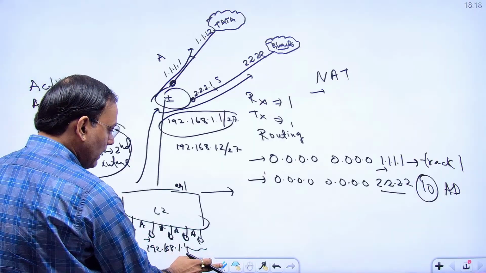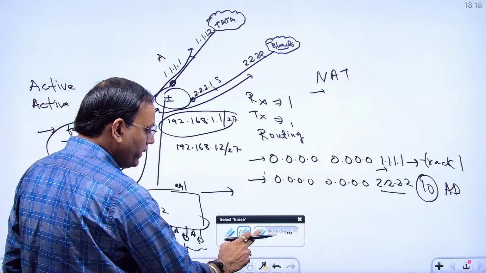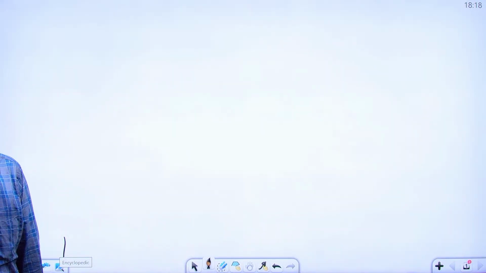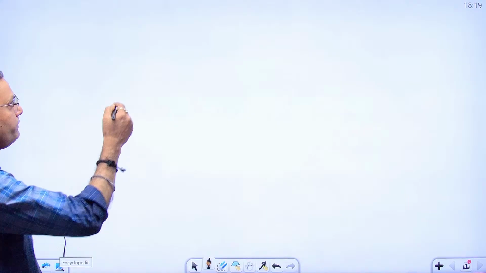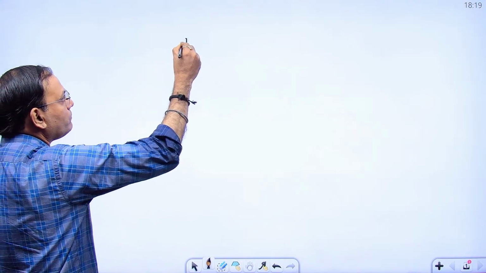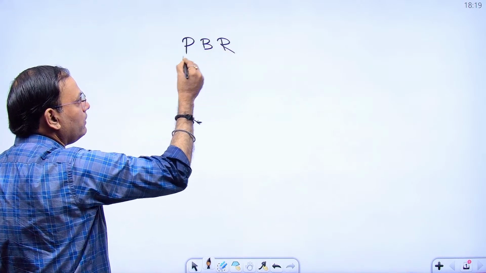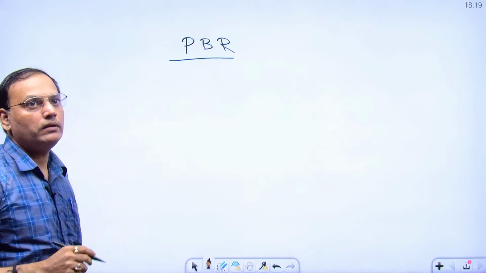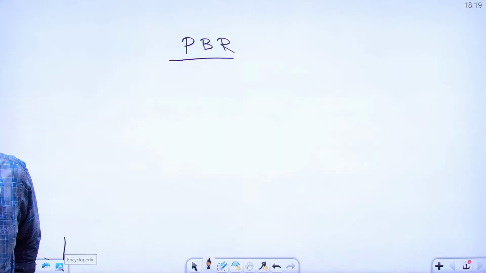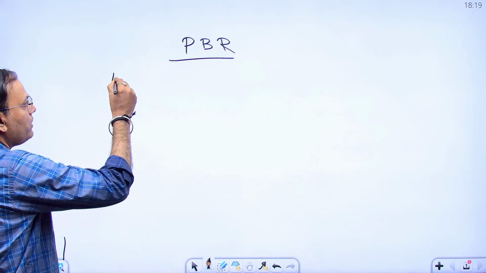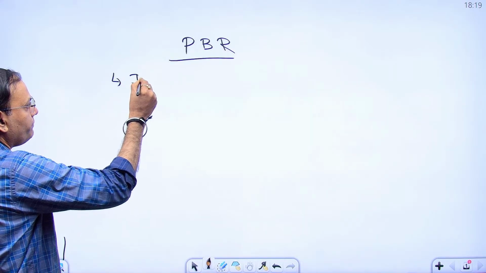Now coming back, what config is required, right? I will tell you step by step what config is required to achieve this. First of all, in PBR, whenever you configure PBR, there are 3 steps which you need to configure, right? The first step in PBR is your interesting traffic.